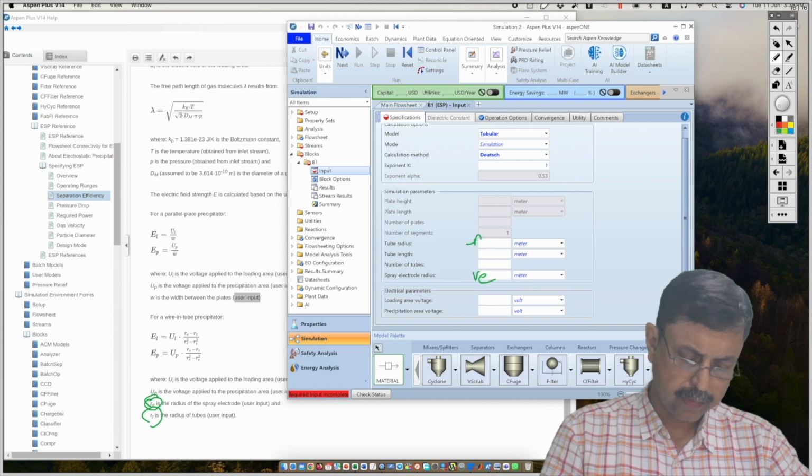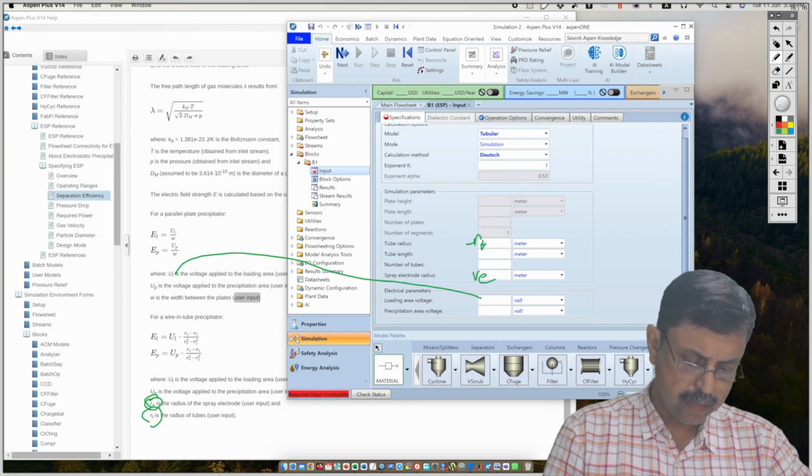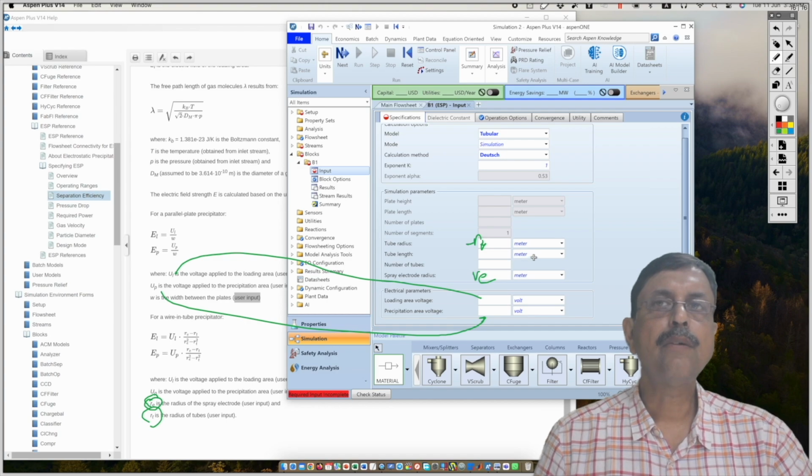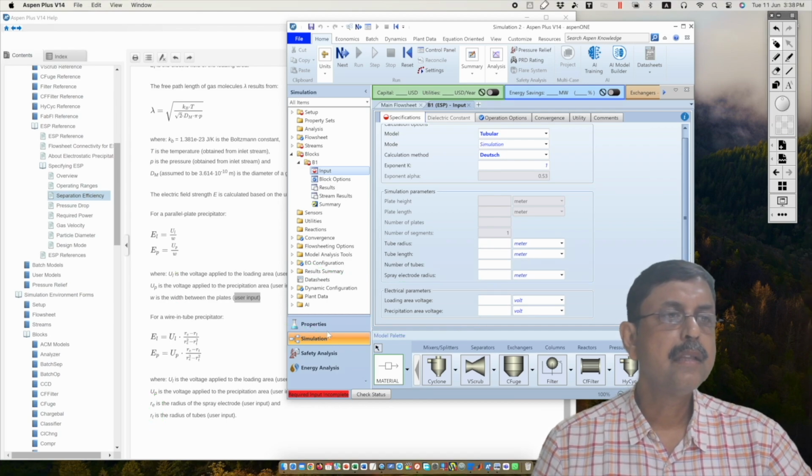So this is tube radius. And the loading area voltage and precipitator area voltage are UL and UP respectively. Okay, so that's how you specify these values over here.